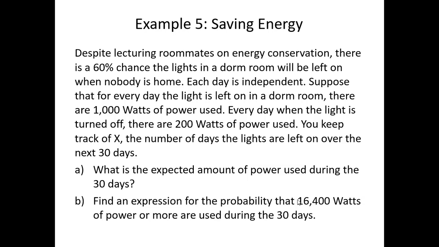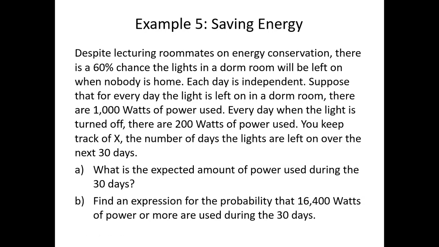Suppose that for every day the light is left on in a dorm room, there's 1,000 watts of power used. But every day when the light is turned off, only 200 watts of power are used. So you decide to keep track of X, the number of days the lights are left on, over the next 30 days.